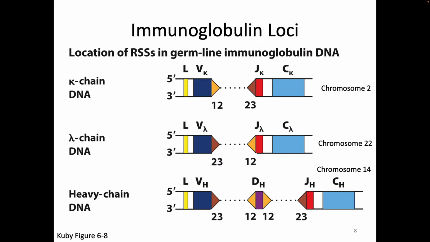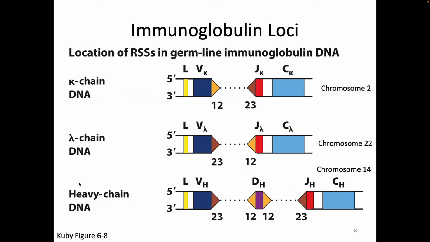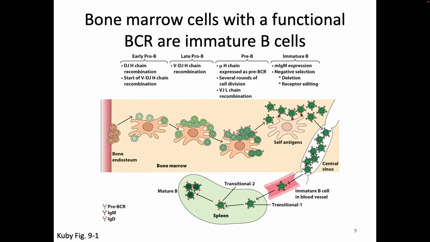And when the cell does its rearrangement, it always chooses to try kappa first. We don't know why, but it always does kappa of one chromosome, either mom's or dad's. And if that one works, then woohoo, we're an immature B cell, and we get to do immature B cell stuff.